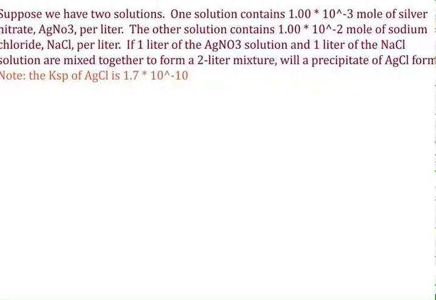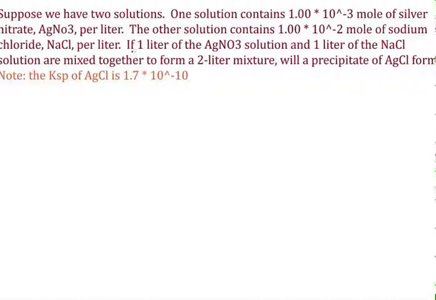Okay, so just to warn you, I feel like this is probably the hardest problem in this set, so prepare yourselves, okay? Suppose we have two solutions. One solution contains 1 times 10 to the negative 3 moles of silver nitrate per liter, and the other solution contains 1 times 10 to the negative 2 moles of sodium chloride per liter.